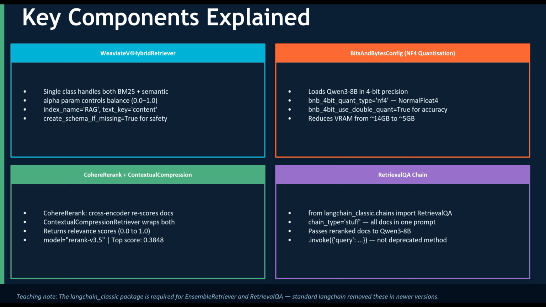For re-ranking, we use Cohere Rerank, wrapped inside a ContextualCompressionRetriever. Think of it as a wrapper that says: retrieve documents using the base retriever, then compress and re-rank them using the compressor. The output includes a relevance score.